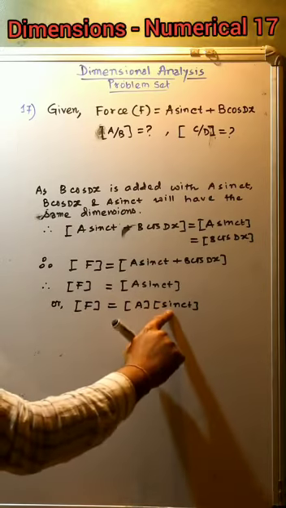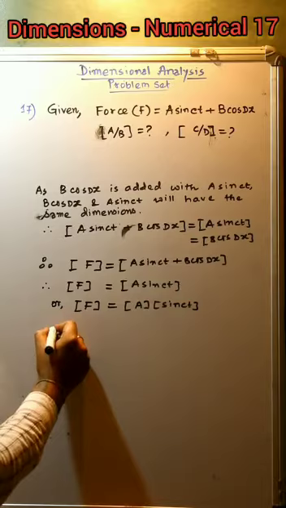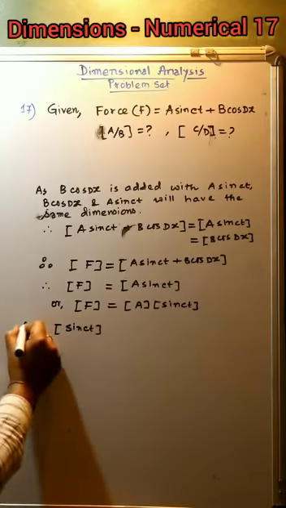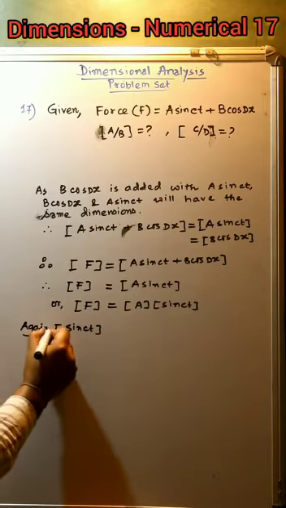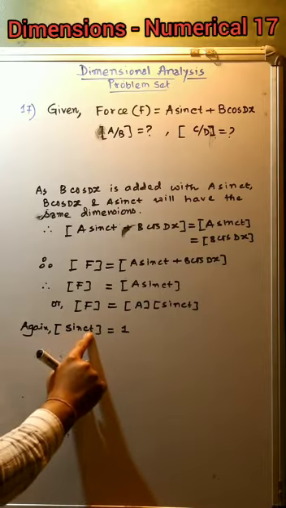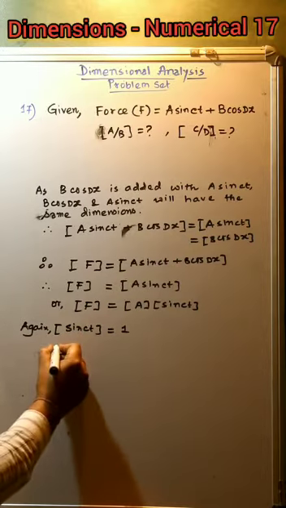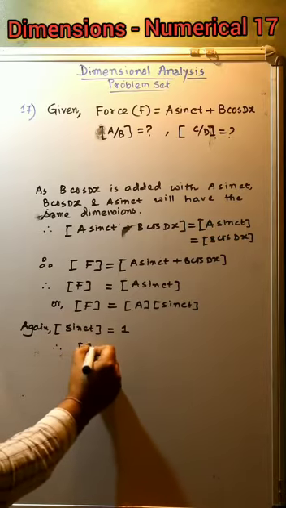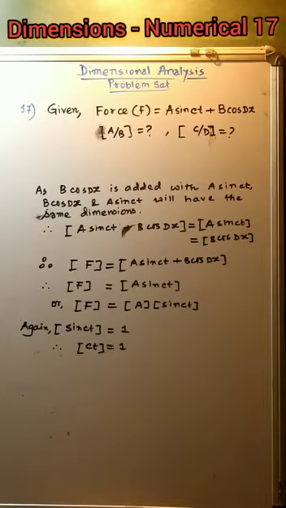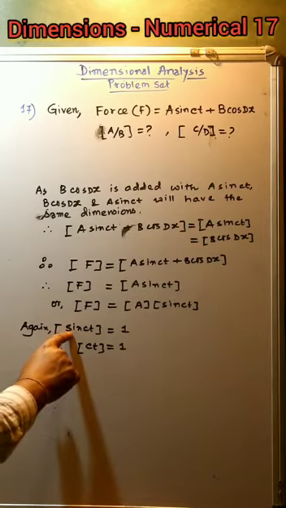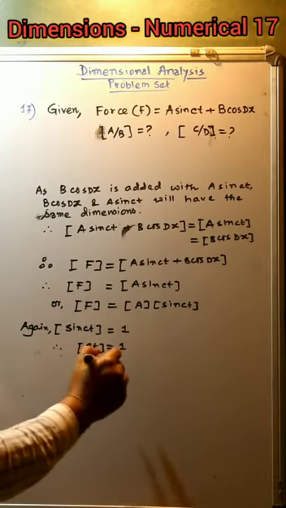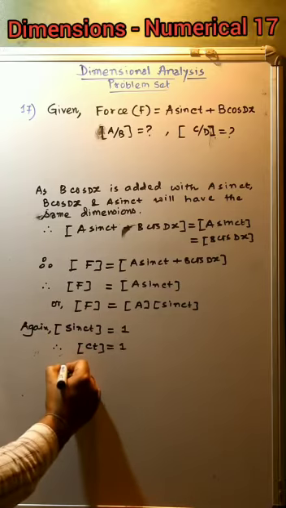As sin ct is a ratio, a trigonometric function, it has no dimension, so sin ct is equal to 1. Therefore the angle ct is also dimensionless, and dimension of ct is equal to 1.